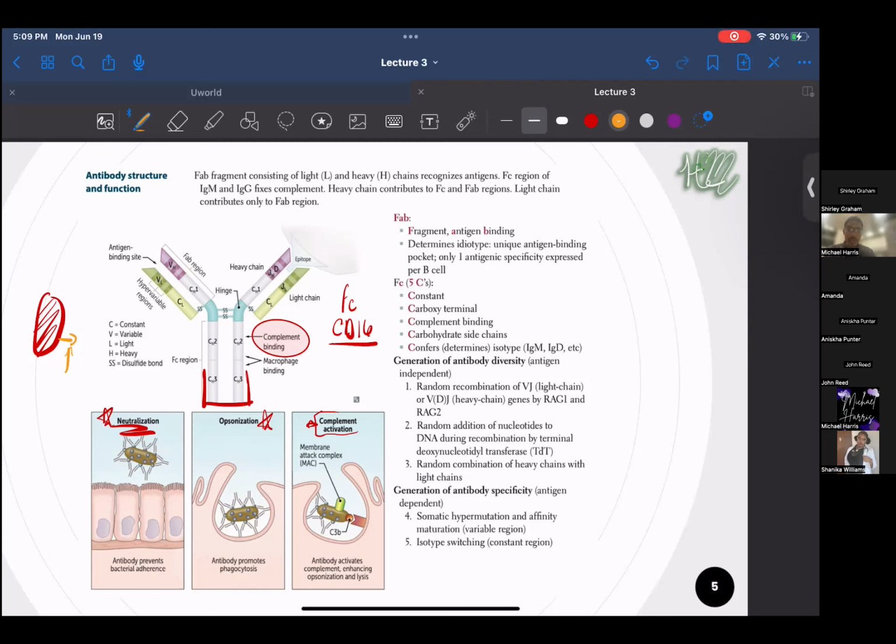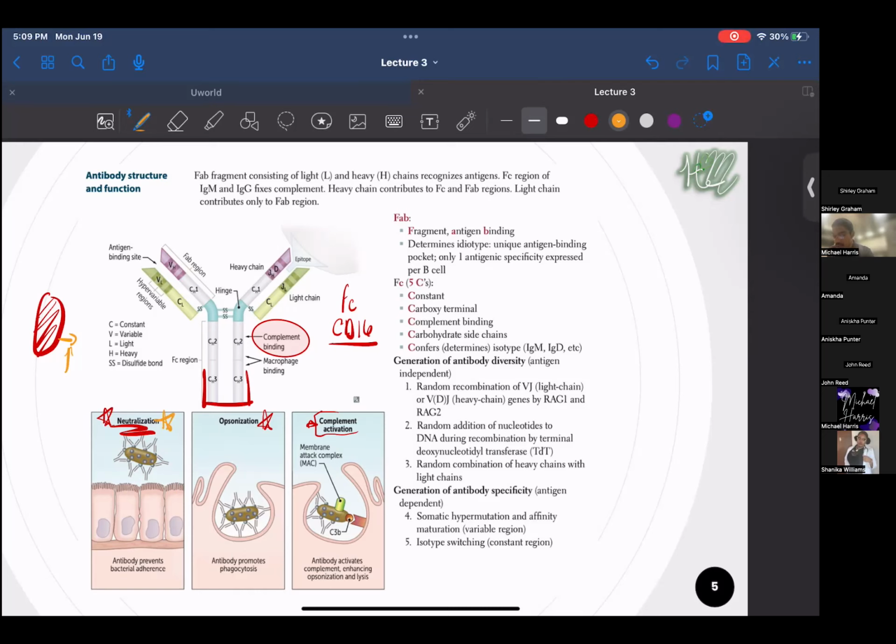Neutralization is a big player in that and helps with preventing you from having certain symptoms. So that's the other thing that neutralization deals with: not only targeting microbes, but even toxins that these guys produce. Okay. All right, good.